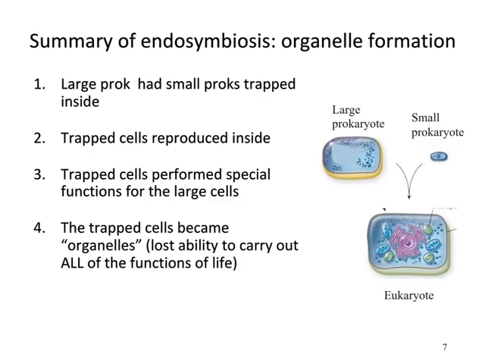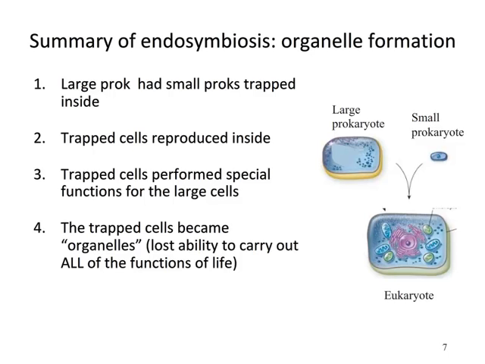Eventually, these cells that were trapped inside the larger cells evolved into organelles. They lost their ability to carry out all of the functions of life, and they became specialized to just perform one function. For example, we have mitochondria that produce the ATP energy for the cell. We have ribosomes that function to make proteins for the cell.